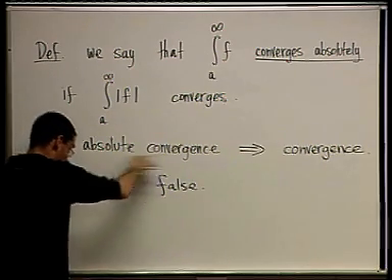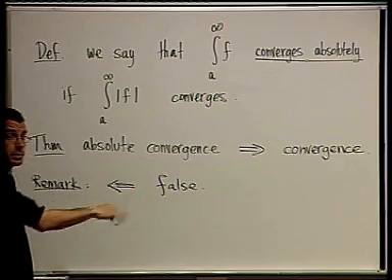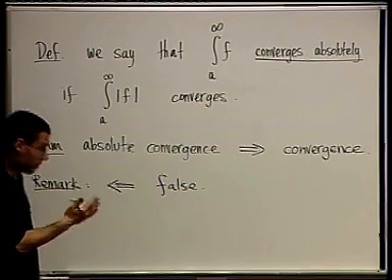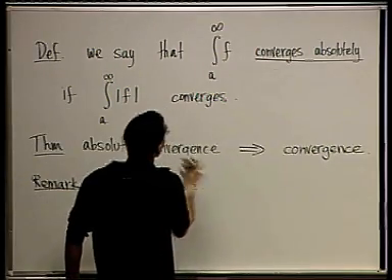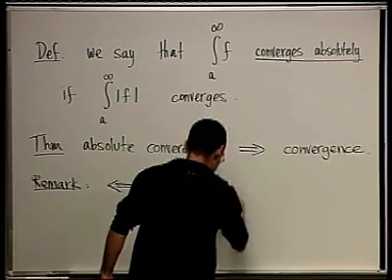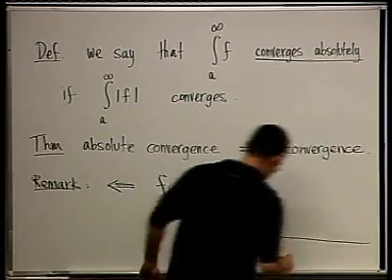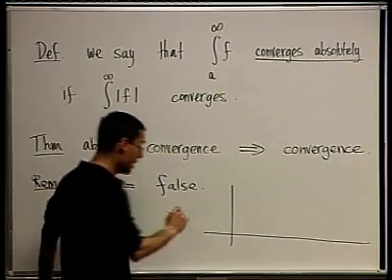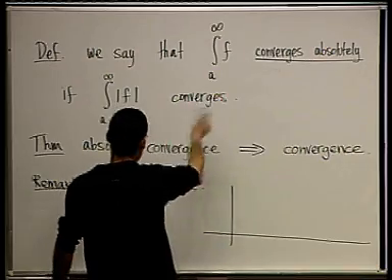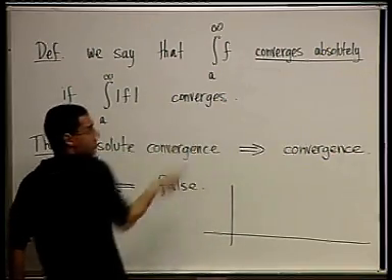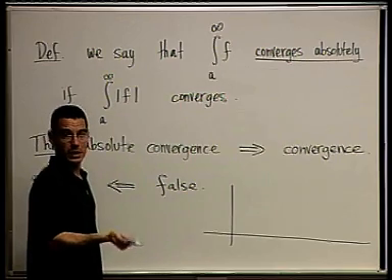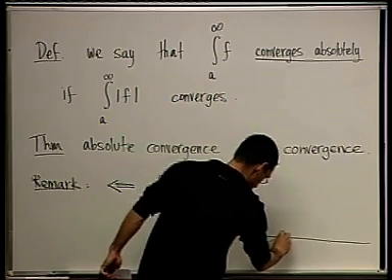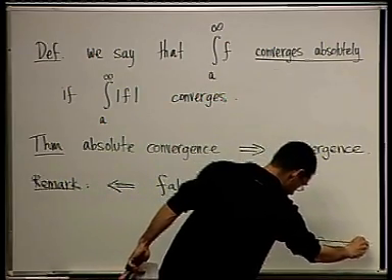So I want to give you an example of this. But before that, I want to just show you a bit of intuition. Where do these things come from? So what does it mean to converge absolutely? Suppose we have a function, and now I'm going to draw a function that's not necessarily always the same sign, because if a function is always positive, then these two things coincide. There's no meaning to it. So let's take a function that looks maybe something like this. Sometimes it's negative, sometimes it's positive.